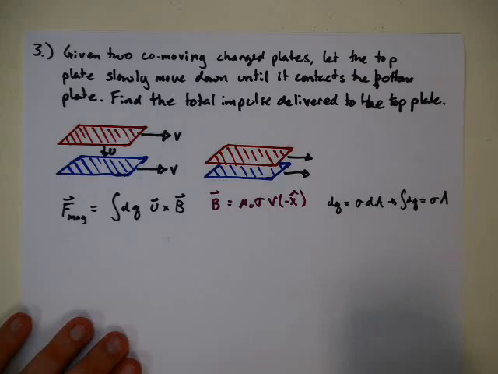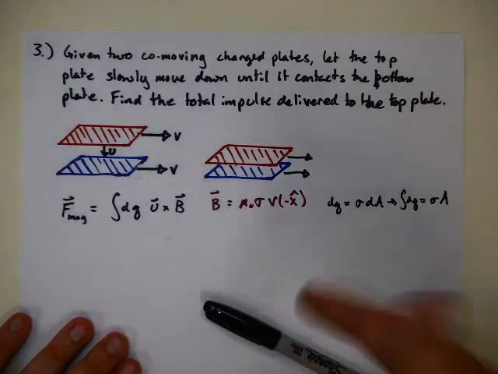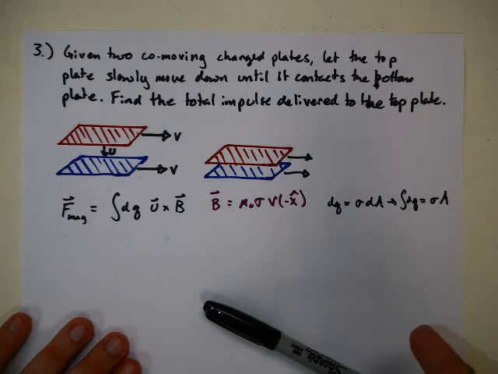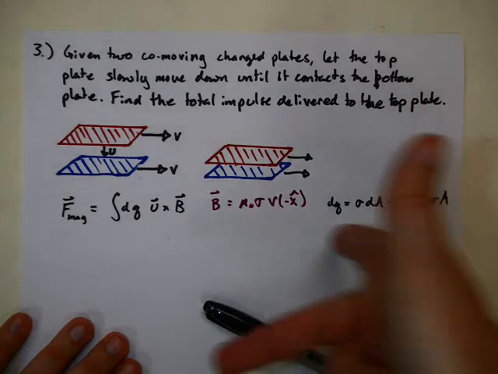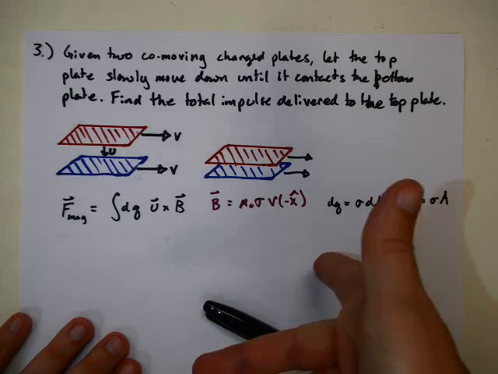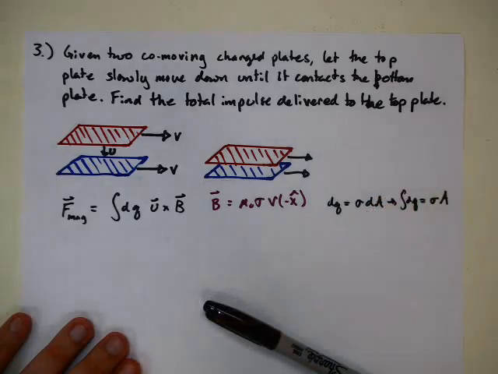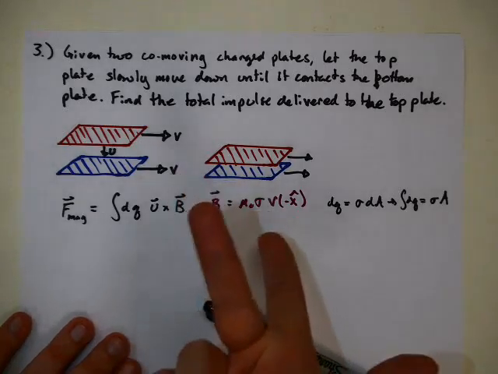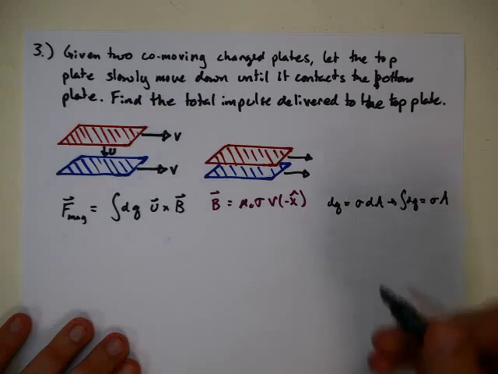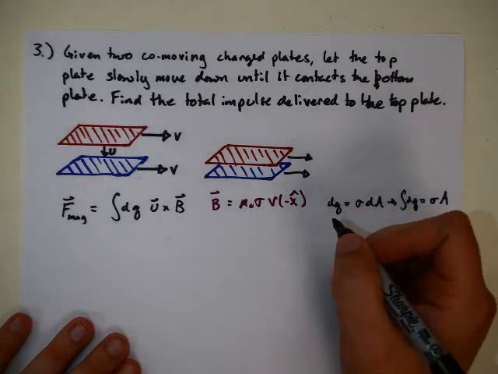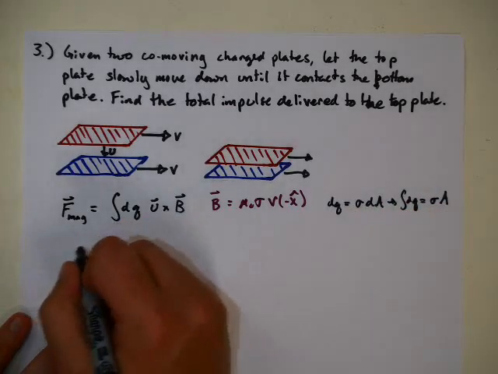So we use the right-hand rule. We know that u is in the minus z direction, so u cross minus x. Yeah, u cross minus x is going to give us the positive y direction.